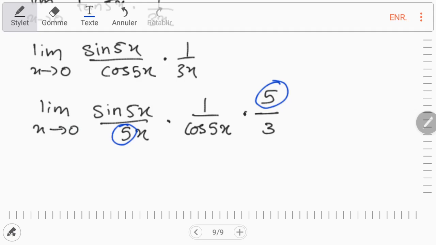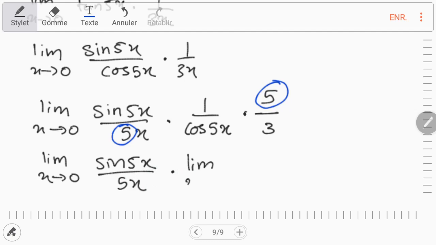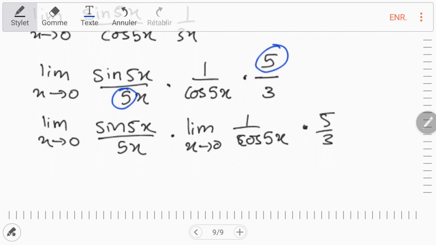Based on the limit product, we have the limit as x approaches 0 of sine 5x all over 5x times the limit as x approaches 0 of 1 all over cos 5x times 5 all over 3.